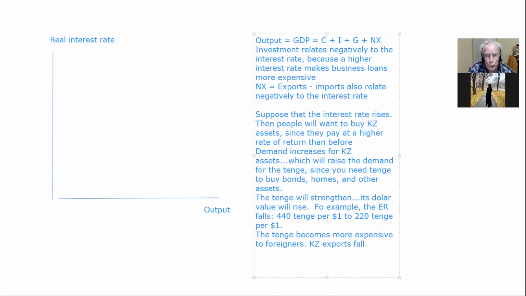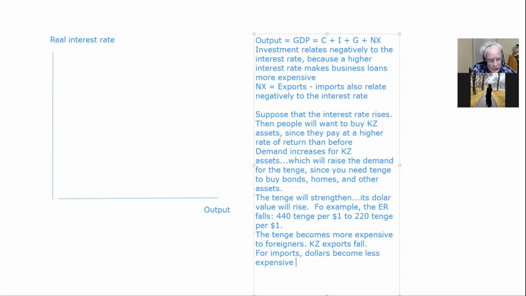And what about imports? What happens to imports? Imports increase. Good. Did you say decrease? Increase. You're right, but why are you correct? Dollars become less expensive than before.